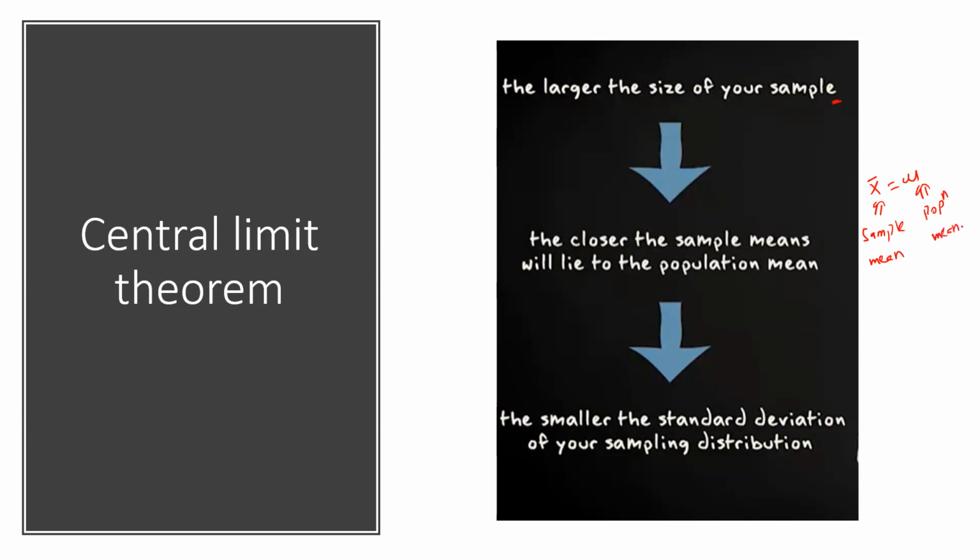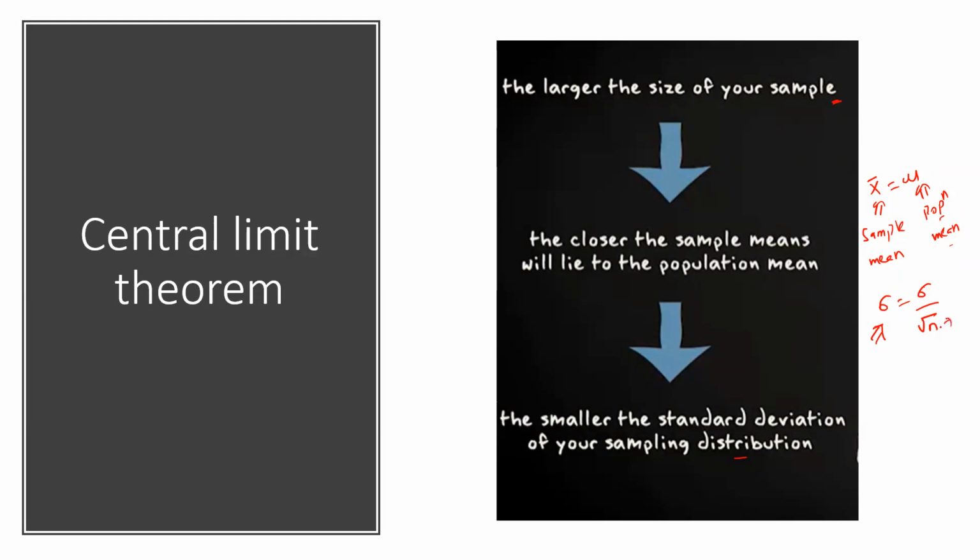And the smaller the standard deviation of your sampling distribution. So if you have a larger number of samples, then the sample mean becomes closer to the population mean, and your standard deviation becomes standard deviation divided by root n. This is the deviation that we see in the standard deviation.